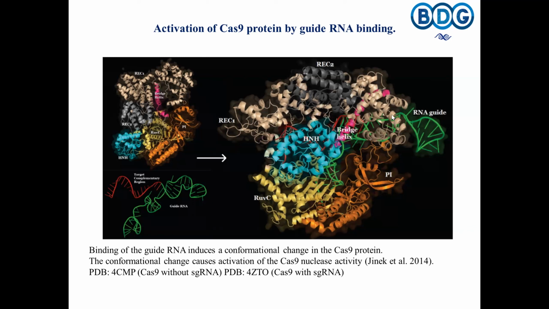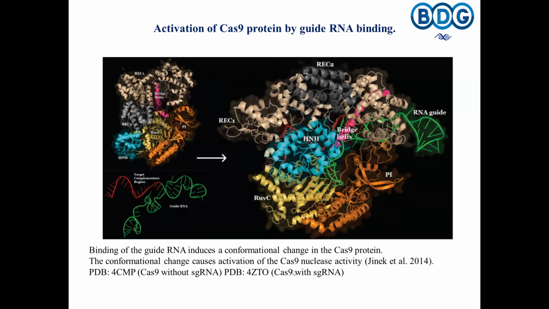Now, the 3D structure of the Cas9 protein alone, the 3D structure of the Cas9 protein bound with the guide RNA, and the 3D structure of the Cas9 protein bound with the guide RNA, which is bound to the target DNA, all three structures are available in the PDB. Can you see this? 4CMP, 4ZT0, and many more are there.